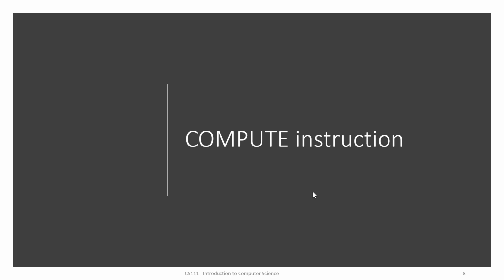Compute instruction. Most programs do some computation. For example, you may have to add 2 numbers, multiply 2 numbers, or compute the area of a triangle. Our pseudo language provides instructions like compute expression, so it will compute the value of any expression. For example, you can say compute area as height times width, or compute new balance as current balance minus the withdrawal amount.